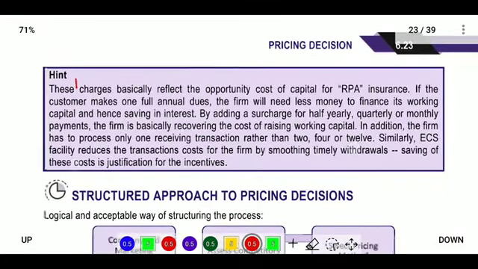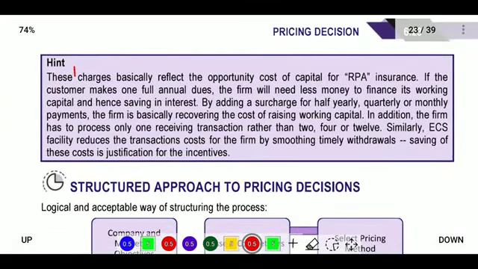We will see here. First, these charges basically reflect the opportunity cost of capital for RPA Insurance. If the customer makes one full annual payment, the firm will need less money to finance its working capital, and hence there is a saving in interest.